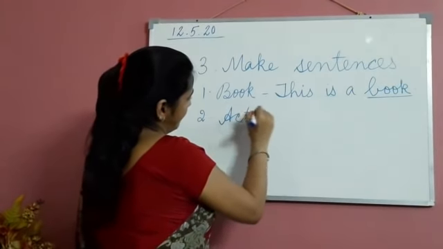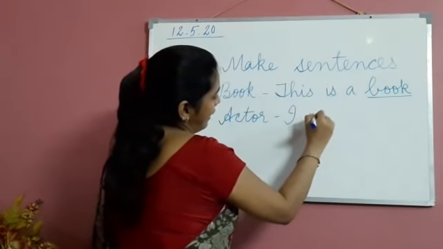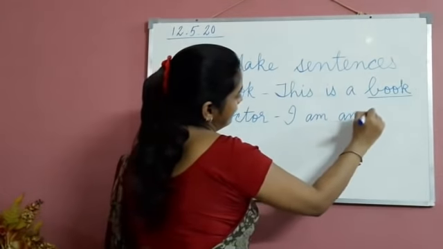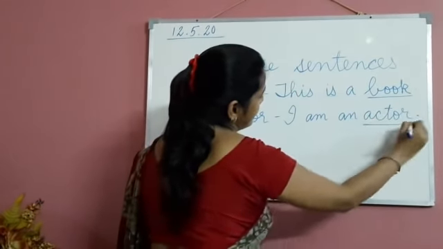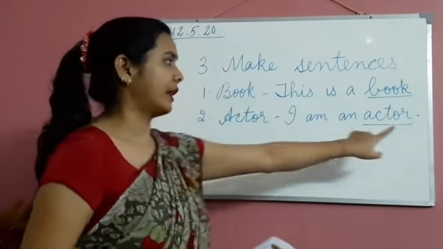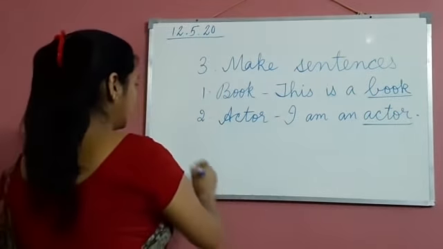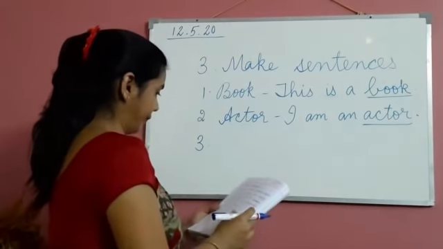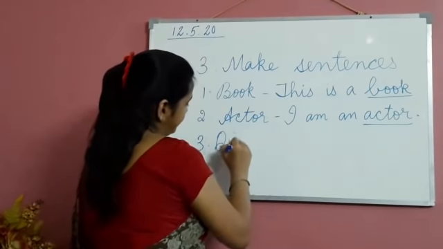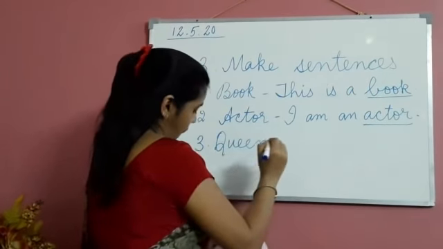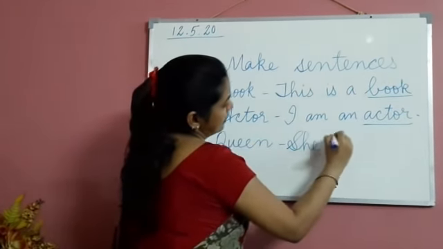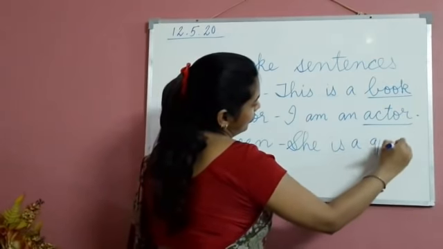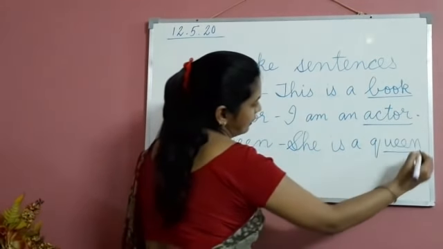Okay. Number 2, actor. I am an actor. See students, start with the capital letter and end with the full stop. Number 3, queen. She is a queen.